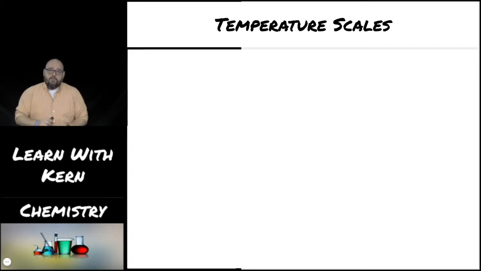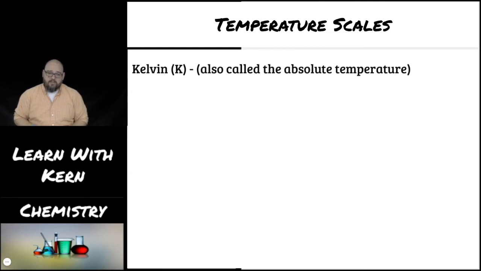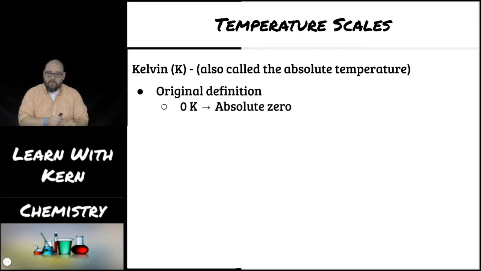The third temperature scale came about. It's called the Kelvin scale, developed by Lord Kelvin. It's also called the absolute temperature scale because it's based off of this absolute zero concept. Now, the whole point of the Kelvin scale is that absolute zero is 0 Kelvin, and you cannot go below absolute zero.